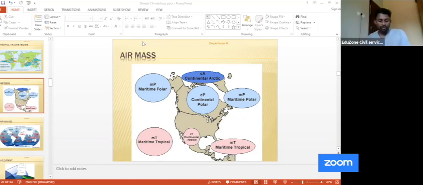Genesis means origin. So what is frontogenesis? It is the origin of a front, the formation of a front. That is known as frontogenesis.